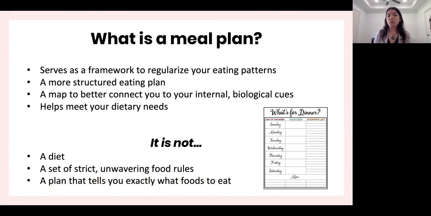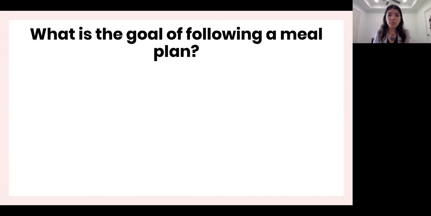This plan doesn't tell you exactly what foods you have to eat. We give you the basic framework, and the clients get to choose what they want to put into it. It's a recovery process, so we work on it throughout the recovery process.